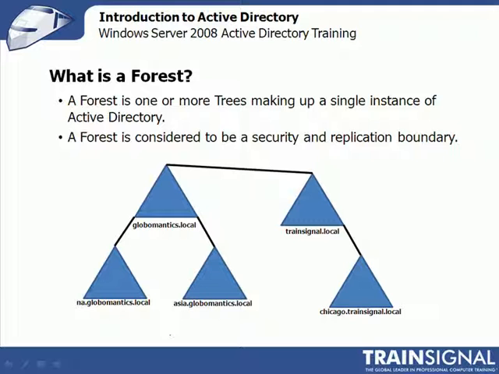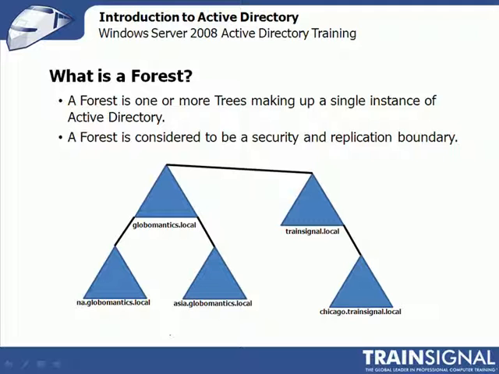But the other thing I want to define is that here I'm saying replication boundary, and this is a little bit different of a replication boundary than the way I defined the domain being a replication boundary. This is a more absolute replication boundary. In other words, nothing is replicated from one forest to another. The entire Active Directory database exists within its own forest. None of it is replicated to another forest.